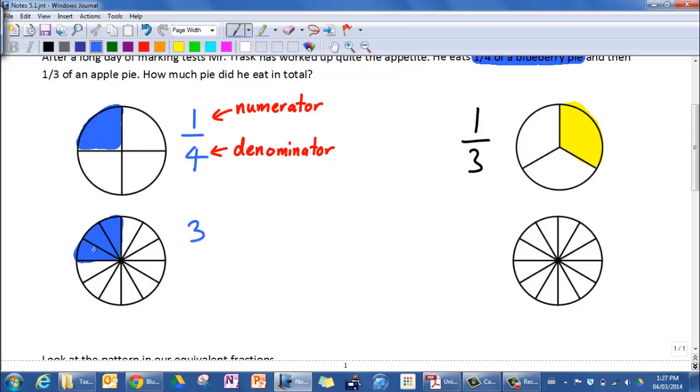And there's a total of 1, 2, 3, 4, 5, 6, 7, 8, 9, 10, 11, 12 pieces of pie. So my 1/4 of this pie here, it would be the same thing as 3/12 of this pie. And we have a special name for these two kinds of fractions here. We call these equivalent fractions.